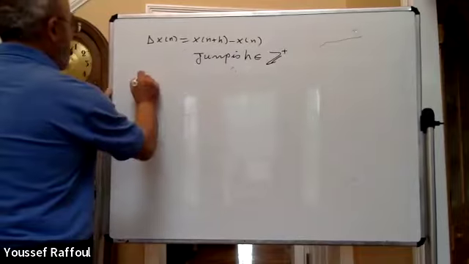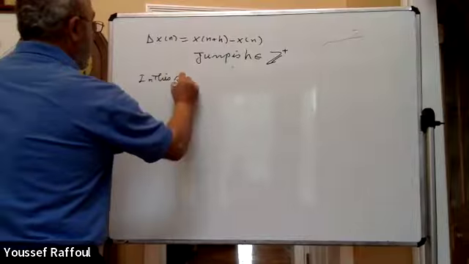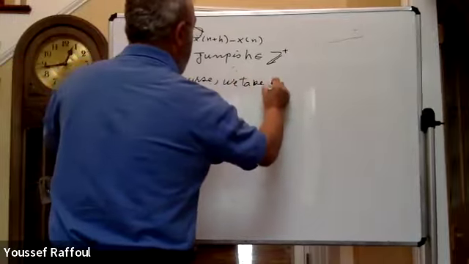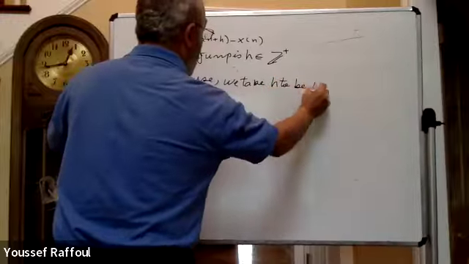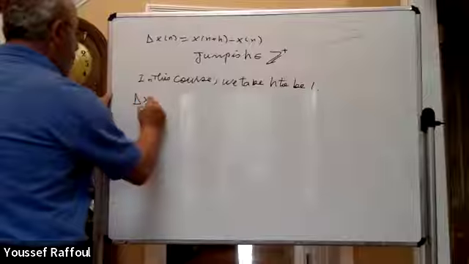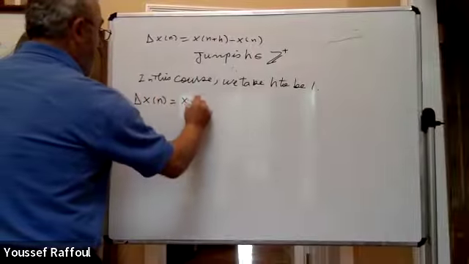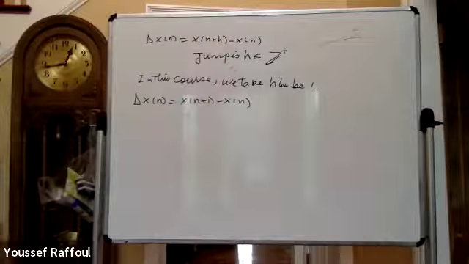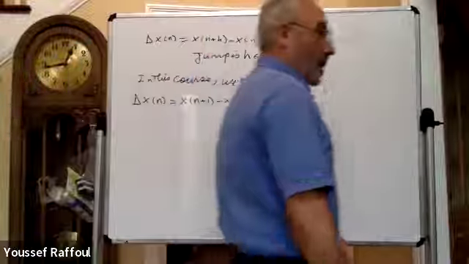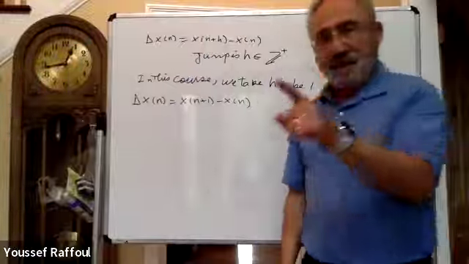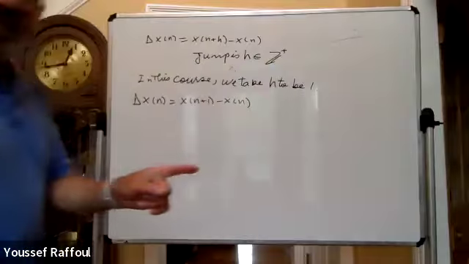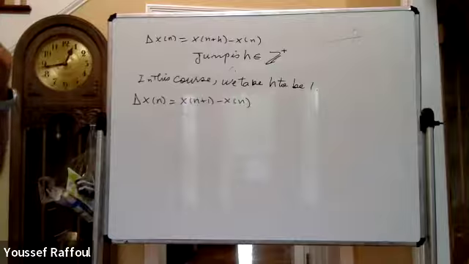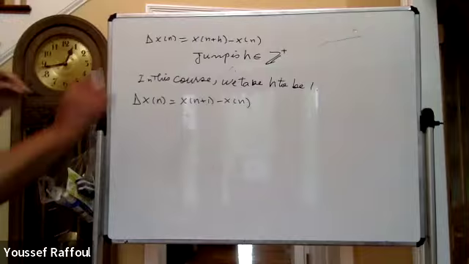But in this course, we take h to be 1. So we are using del xn to be x of n plus 1 minus xn. So the jump is 1. It's the number minus its preceding one immediately. Is that clear?